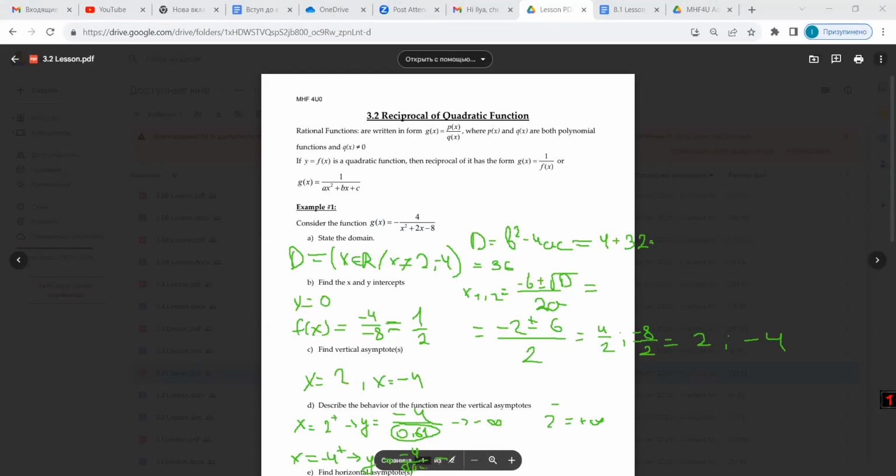So what we're going to get is negative infinity on the right hand side, and on the left hand side of -4 we'll have positive infinity. If we were to sketch this function, right now we have pretty much the information in order to do that.